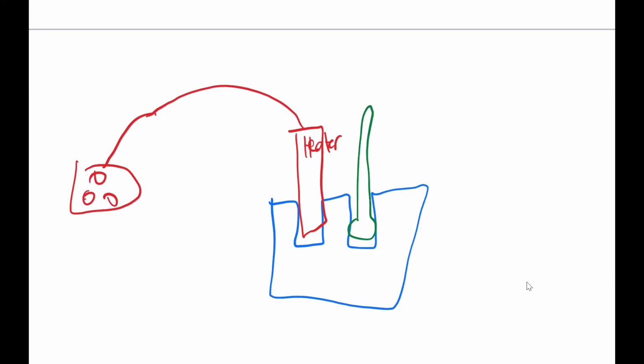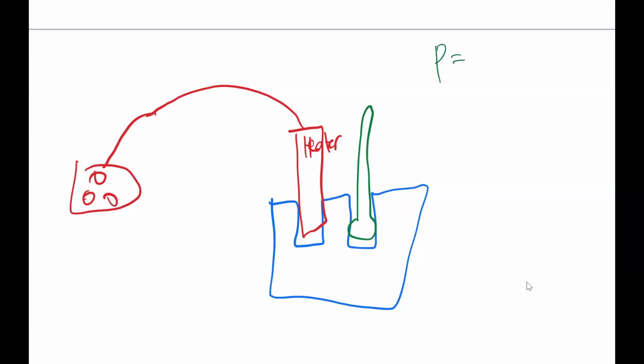So how do I convert electrical energy, which is obviously from the 3-pin plug, to this aluminum cylinder here? By turning on the heater. The electrical current is going to make this heater hot, which will eventually conduct heat to this aluminum cylinder. From here, in terms of calculation, we need to ask ourselves, what's the general formula for power again?